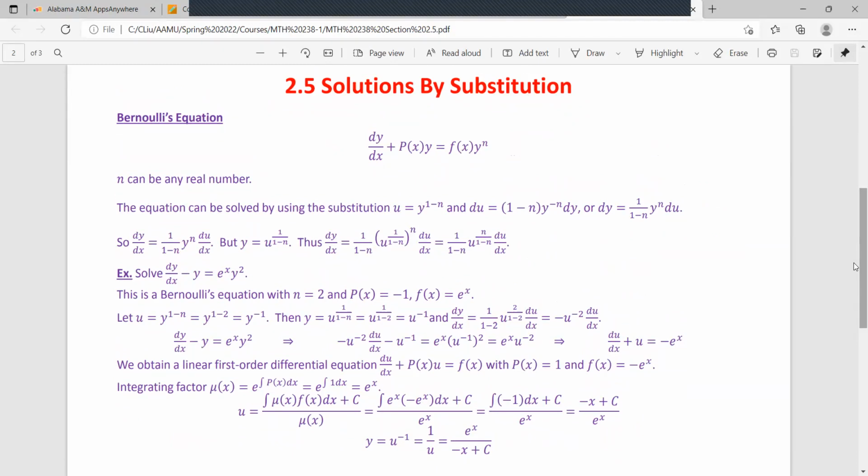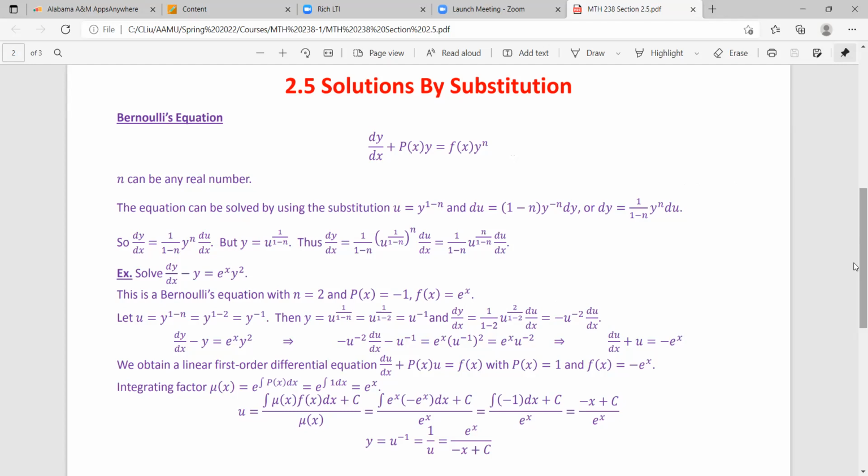Okay, so Bernoulli's equation is of the form dy over dx plus P of x times y equal to f of x times y to the n. So it is not linear. You have the nth power for y. But for these types of equation, we can still use substitution to solve the differential equation.